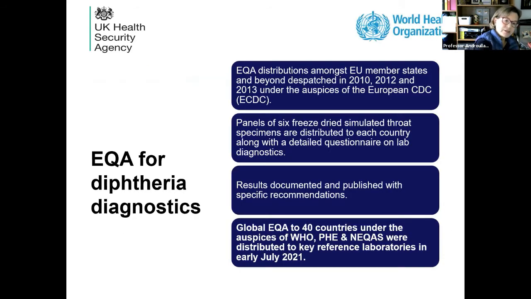Okay, let's go on to EQA. Again, as we all know, it's very important to have EQA systems in place for specific pathogens, particularly pathogens that are not commonly identified or found, such as Corynebacterium diphtheriae.